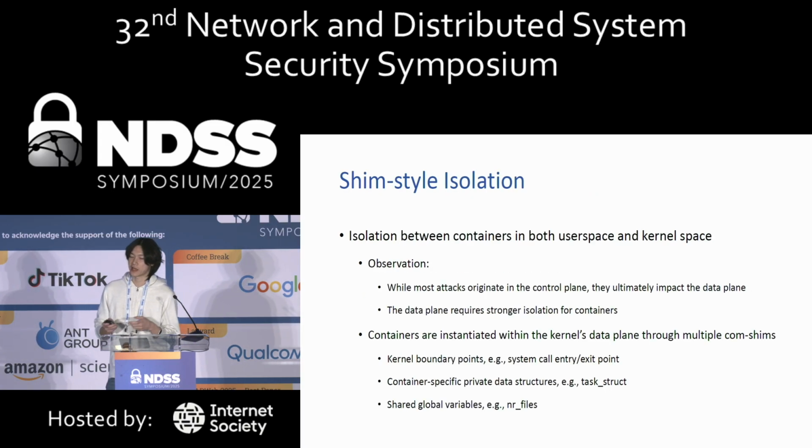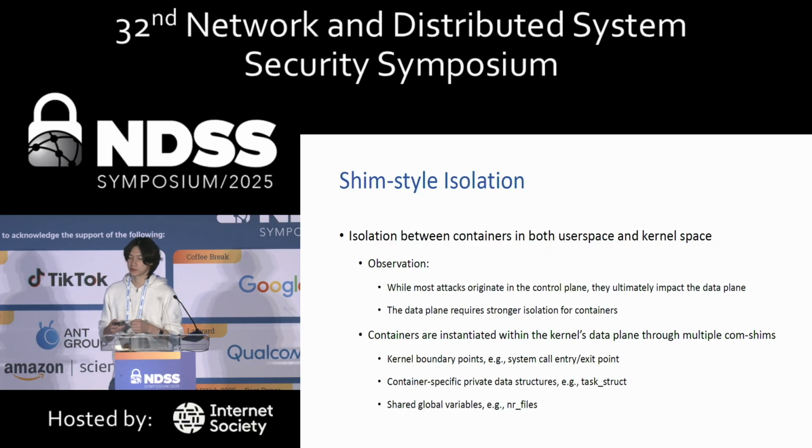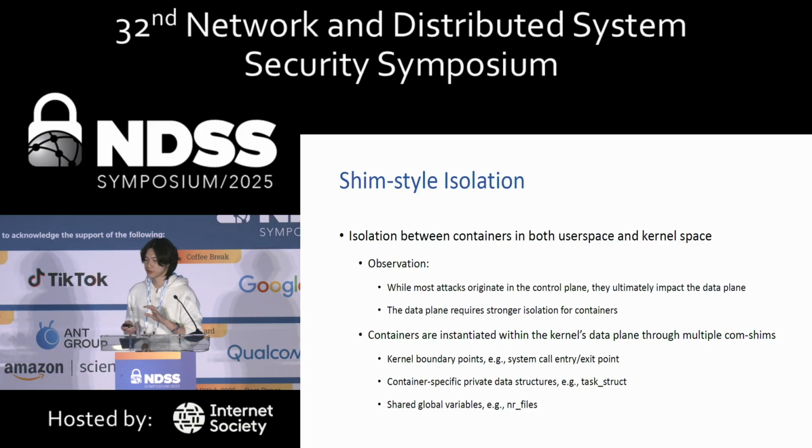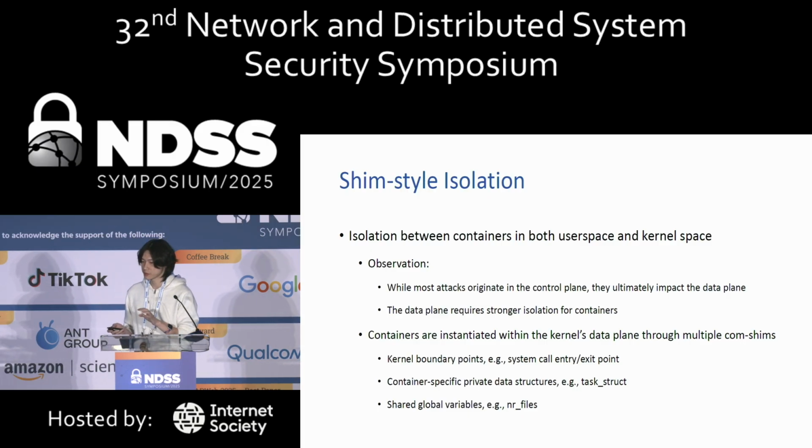Then the shim-style isolation, which provides isolation between containers in both user space and kernel space. It is based on our observation that, first, most attacks originate in the control plane and then impact the data plane, and also the data plane requires stronger isolation for containers.